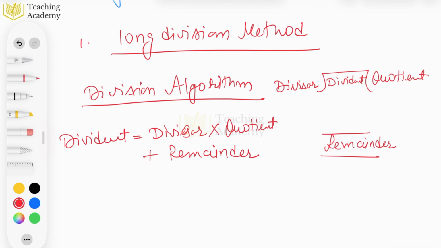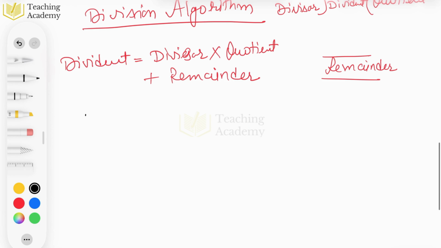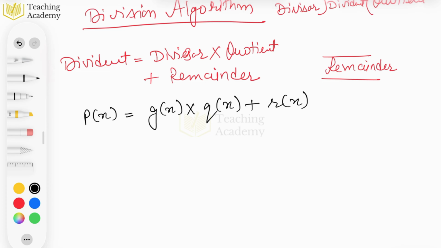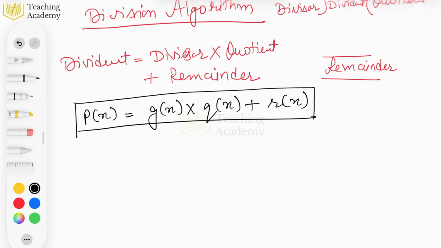If we write it in the form of polynomials, we can write it like this: p(x) is equal to divisor g(x) times quotient q(x) plus remainder r(x). So here we are going to use this sort of terminology, which will make our steps much easier, right? Let's try a few examples, because without examples we won't be able to understand it in a better way.